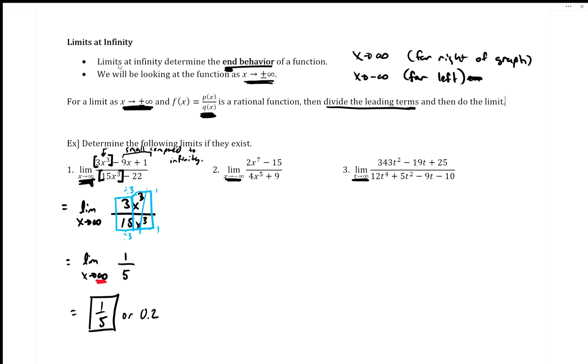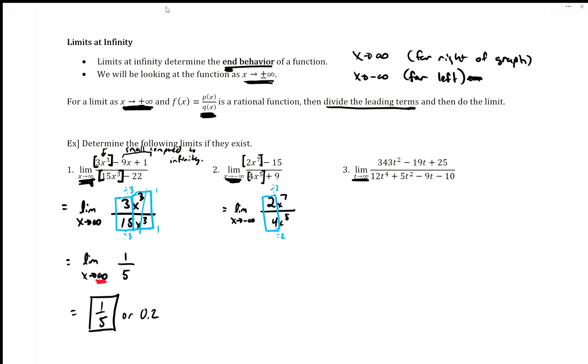Okay, and then let's see how these other two work. This is also going to an infinity, either positive or negative. Still, because it's an infinity, our special method is to divide the leading terms of our numerator with the denominator. So I'd have the limit as x goes to negative infinity of 2x to the 7th over 4x to the 5th. Just like before, we can start to simplify. 2 and 4 are each divisible by 2, so we'll show the little division by 2.